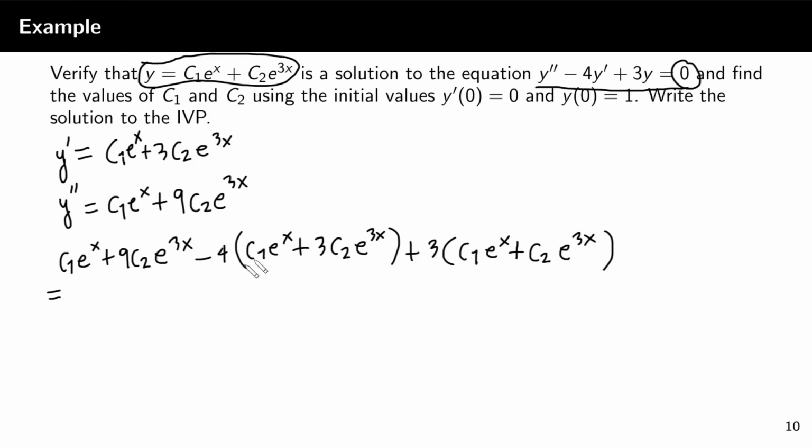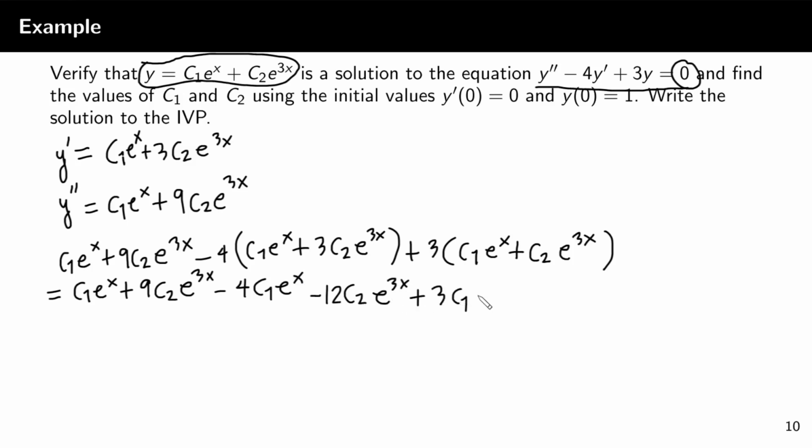So let's first distribute the constants outside of the parentheses. So c sub 1 e raised to x plus 9 c sub 2 e raised to 3x minus 4 c sub 1 e raised to x minus 12 c sub 2 e raised to 3x plus 3 c sub 1 e raised to x plus 3 c sub 2 e raised to 3x.